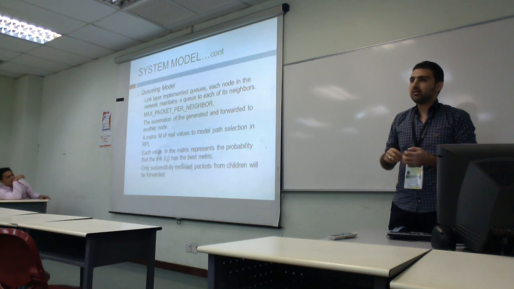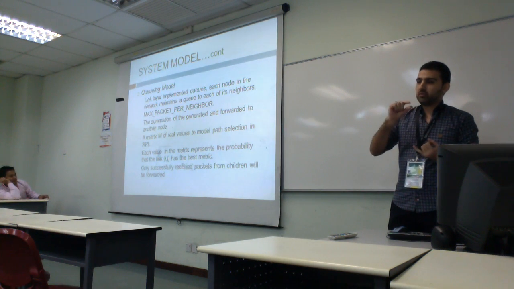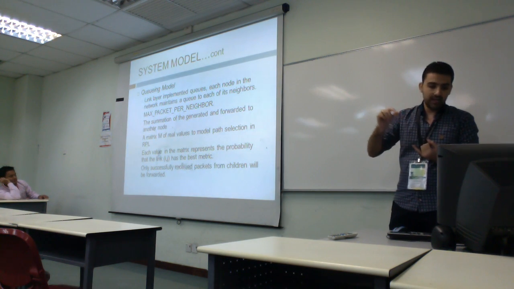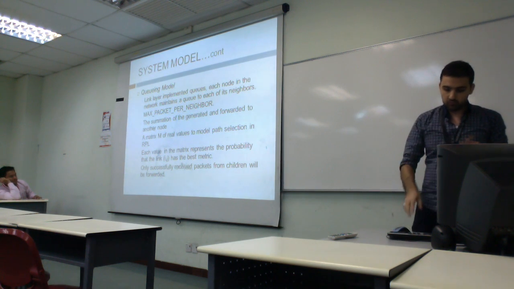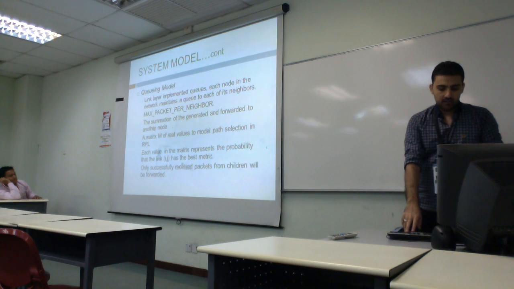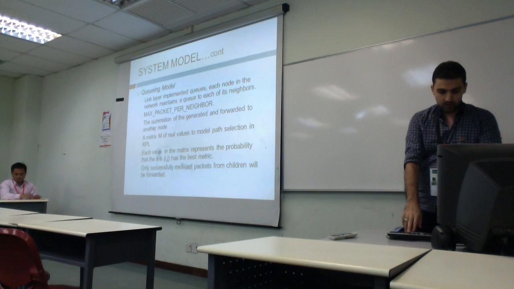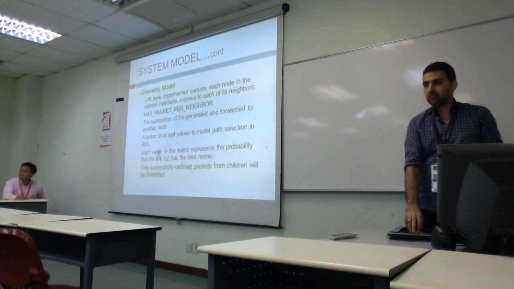ETX is the expected number of transmissions to transfer a packet from node A to node B. Because some of the packets will be dropped, we have to multiply our model by the inverse of the reliability.